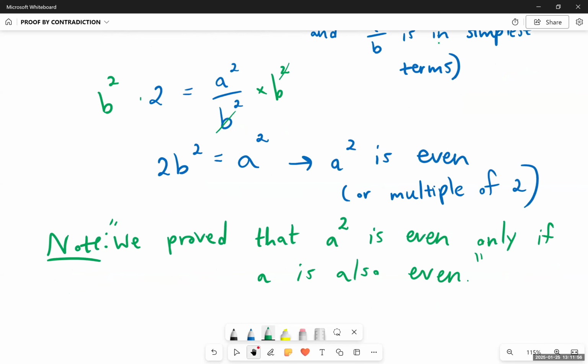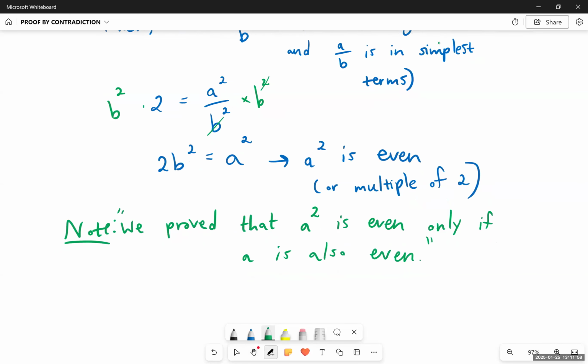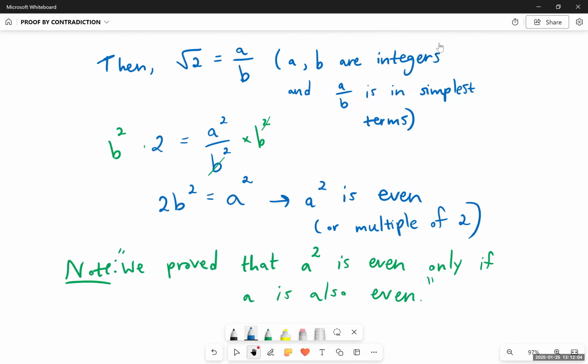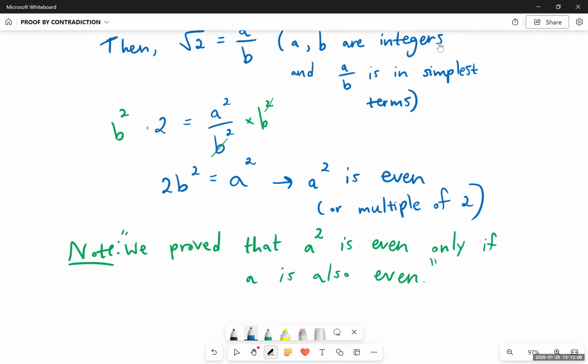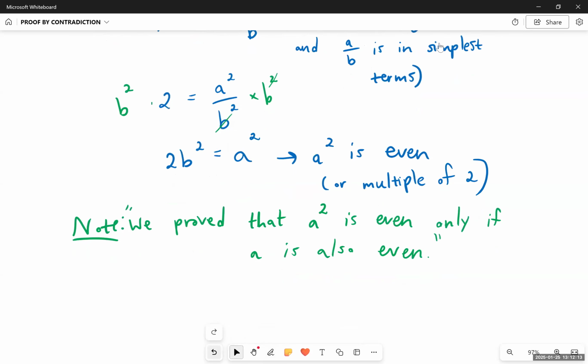Okay, so for that reason, just from root 2 being a rational value, and then working our way down to get an even number from a squared, we are also provided now that a is another even number, so we get to write a itself as an even value or multiple of 2.